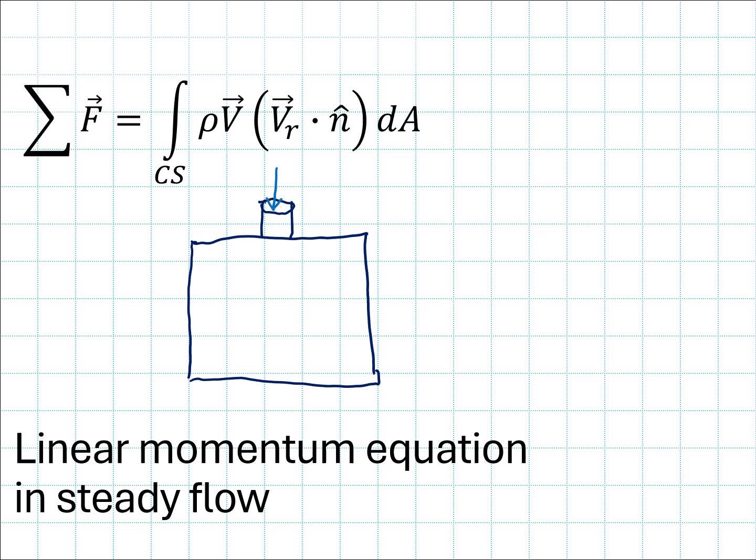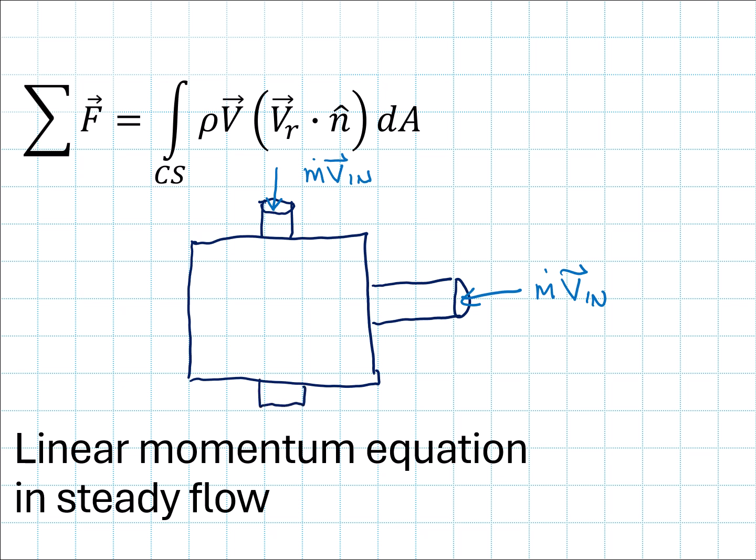So here I've got an inlet. And I've got my momentum fluxing in through this inlet. And maybe I've got another inlet over here. Another place where momentum can come in.